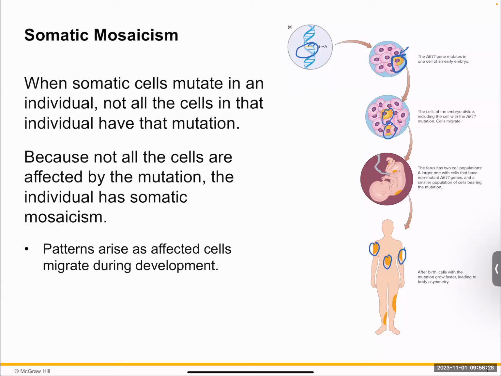So these are patterns arising from affected cells that have migrated and developed in different regions of the body. Sometimes that migration is significantly less, where you don't see the mosaicism throughout the body and it is localized to certain regions, and sometimes it is more dramatic, where you can see it throughout the body.